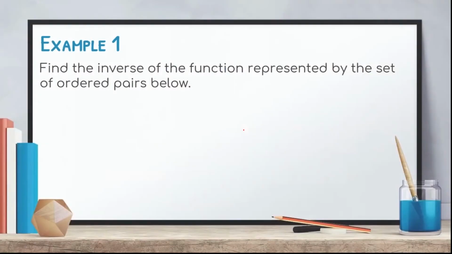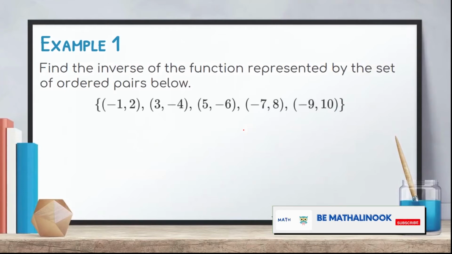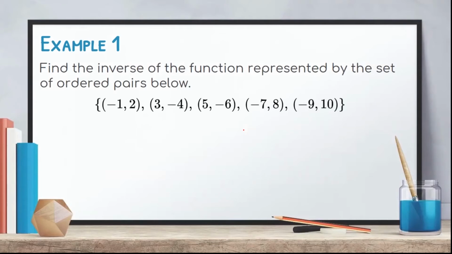Let us consider this example. Find the inverse of the function represented by the set of ordered pairs below. Remember that the inverse of the function is the reverse of the function in terms of the domain and the range. Meaning, to find the inverse of a function, we simply need to interchange the x value and the y value.